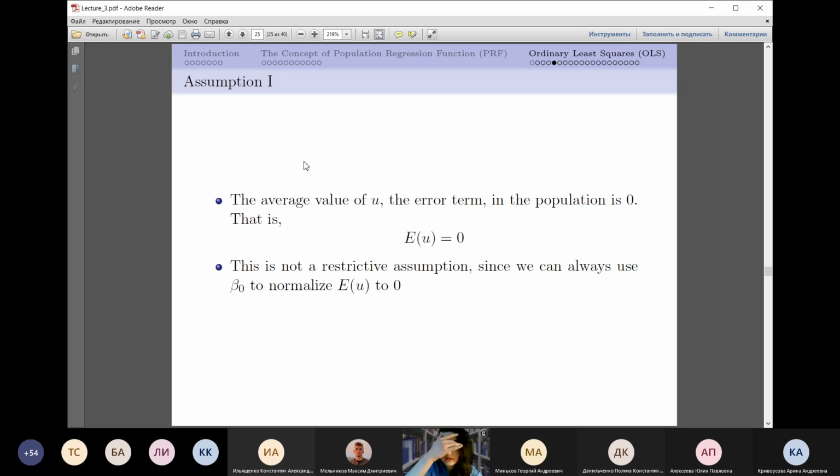The first assumption is that the average value of our error term u in the population is 0. What does it mean? This assumption says that the positive values of our error term cancel out with the negative values, so that the average value of the error term u in the population is 0.